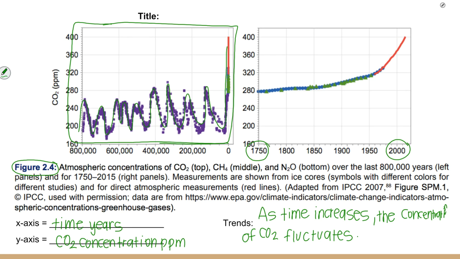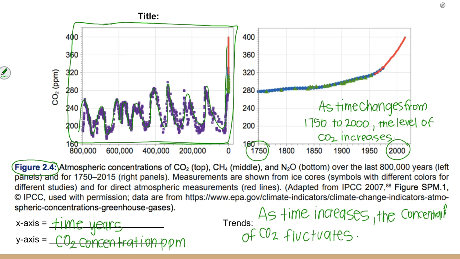So this trend, I'm going to write it right on the graph, is as time changes, and I'm going to give specifics from 1750 to 2000-ish, the level of CO2 increases.